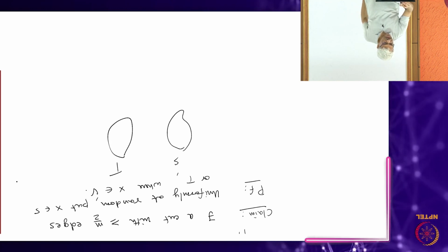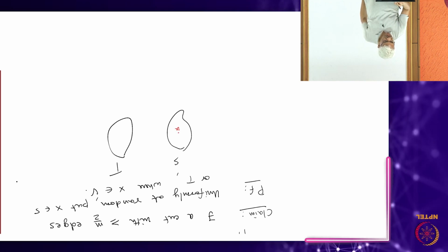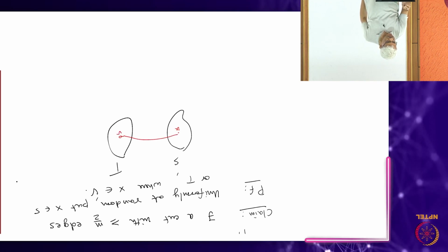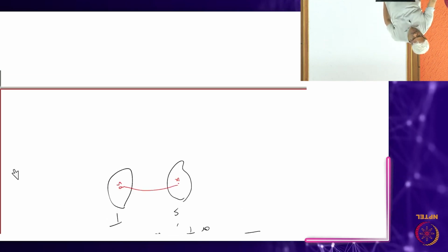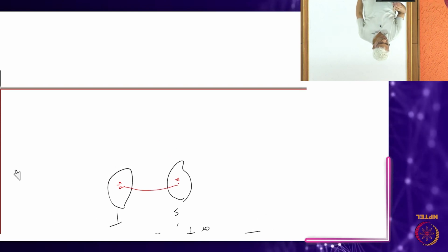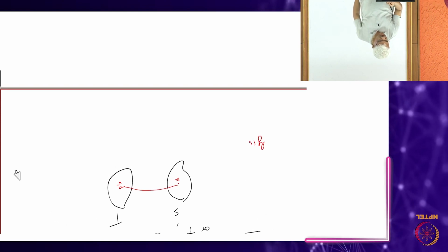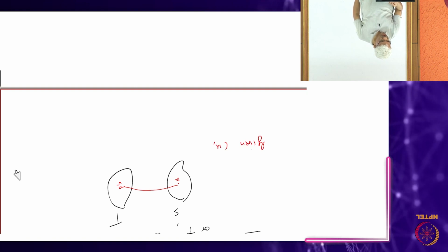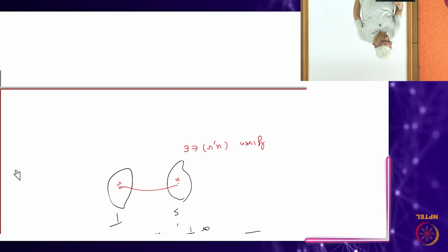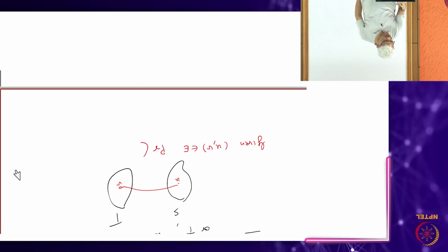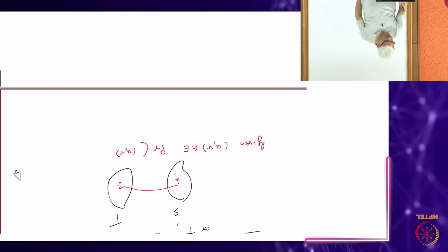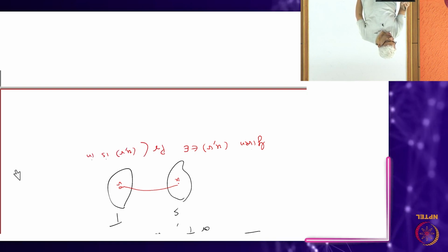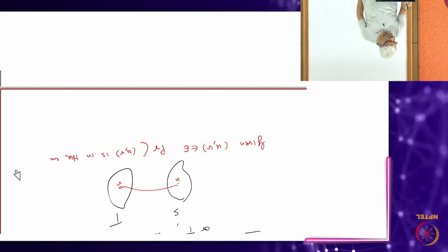My interest is an edge like this. Given u v in H, what is the probability that u v is in the cut? I haven't defined really cut, but I hope you understand.